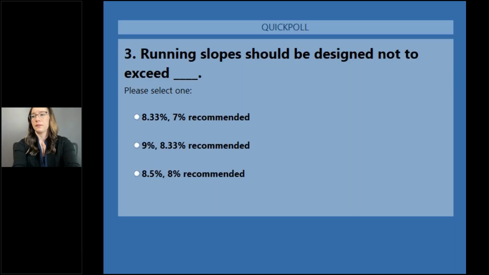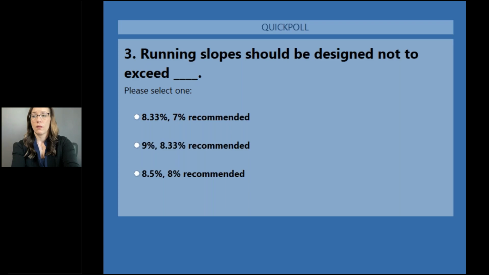And again, this knowledge check reads, running slopes should be designed not to exceed blank. The first option, 8.33%, or 7% recommended. The second option, 9%, or 8.33% recommended.